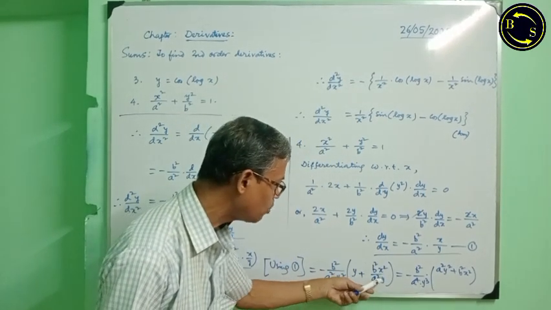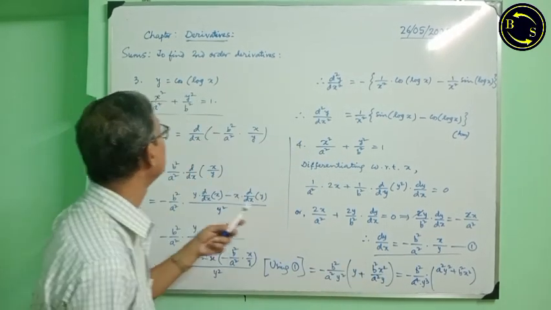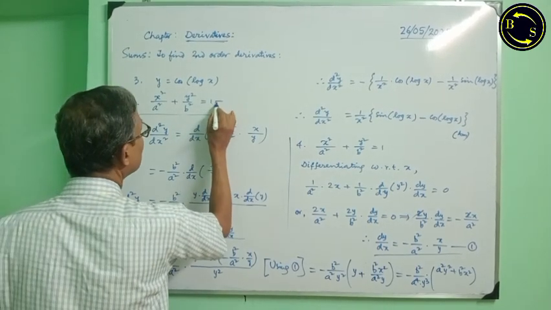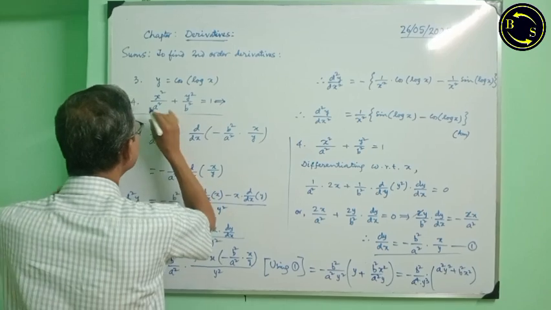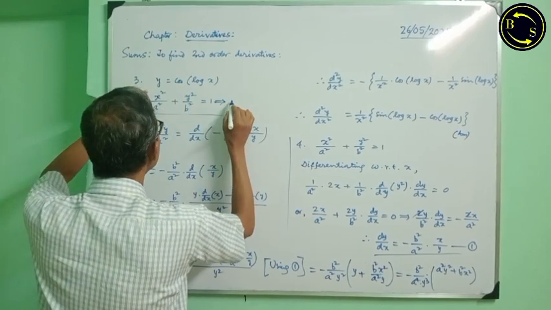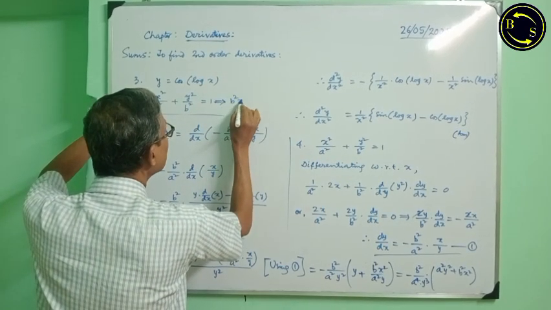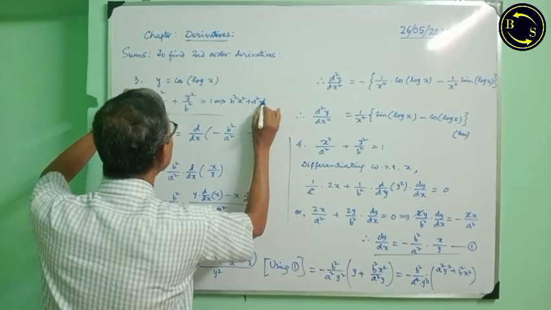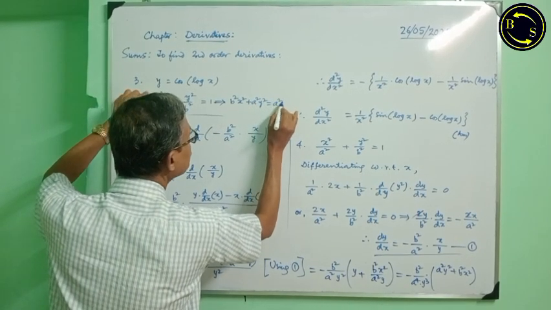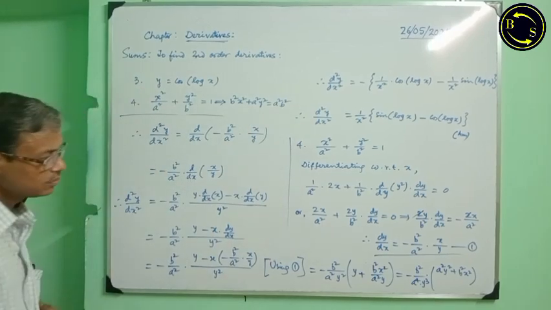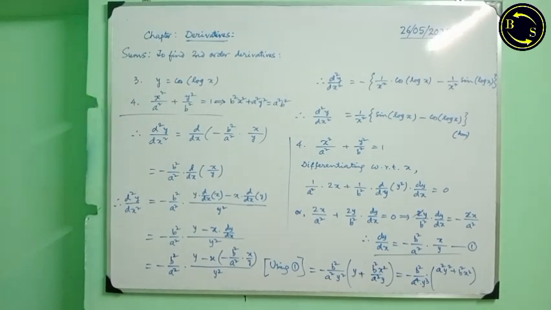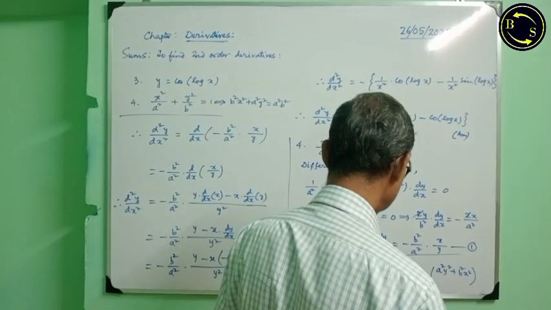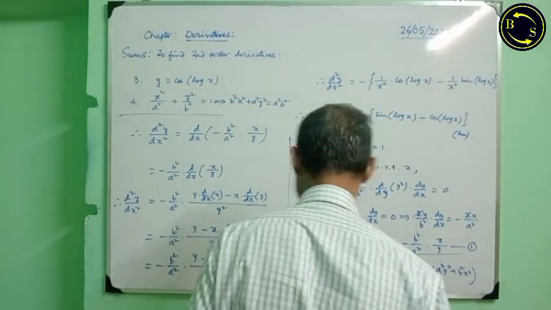Numerator will be a squared y squared plus b squared x squared. Now you see, if we simplify this one, it will be b squared x squared plus a squared y squared equal to a squared b squared. Therefore, we replace that.